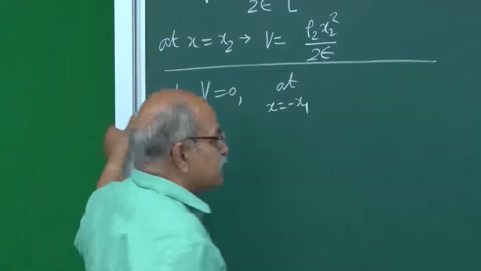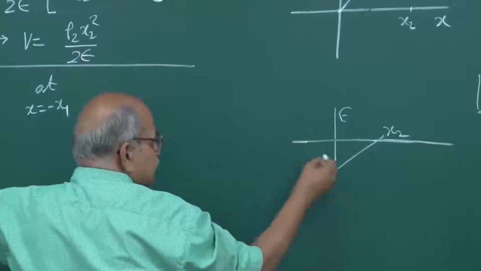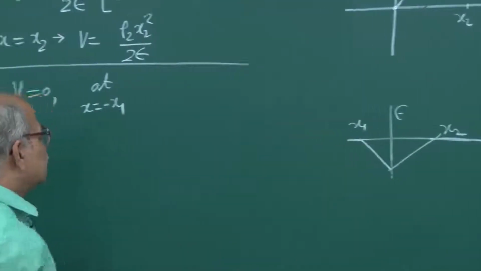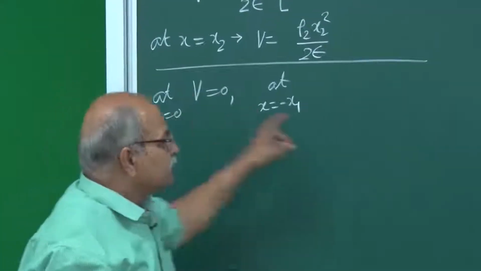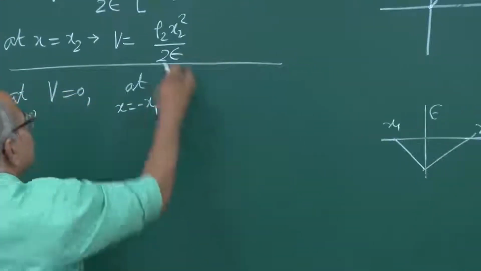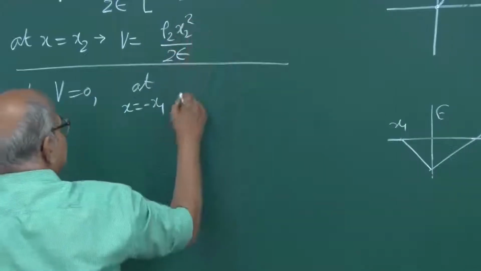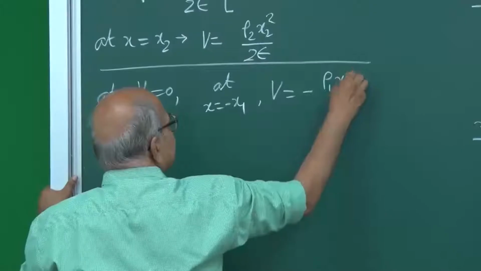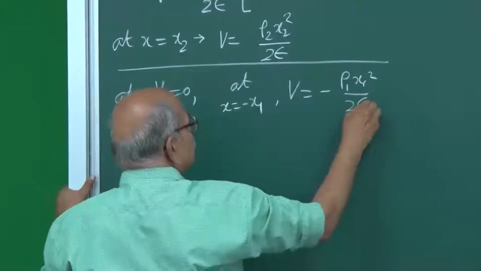It should be quadratic. Remember, the electric field is of this kind, so linear, so the potential has to be quadratic, and at this point, you can take the similar expression from here, v is minus rho 1 x1 square by 2 epsilon.